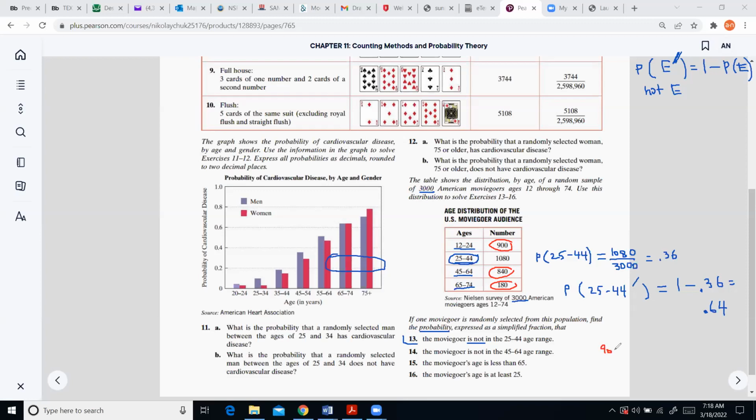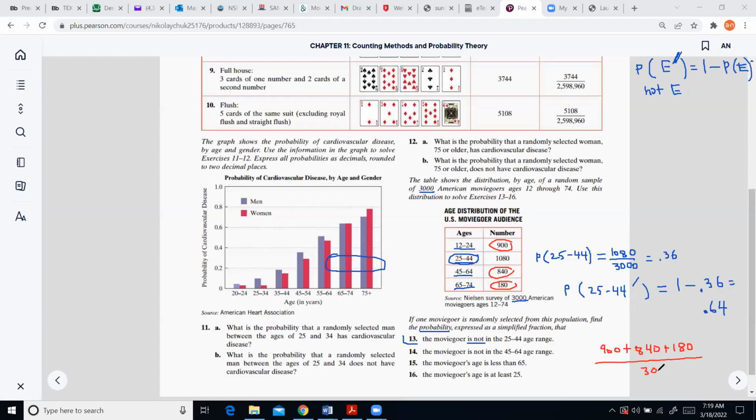So it could be an alternative way to do the same problem. And I will never tell you how to do the exercise. As long as you do this right, it'd be fine with me. But I'm just showing you that this complement story does make sense.